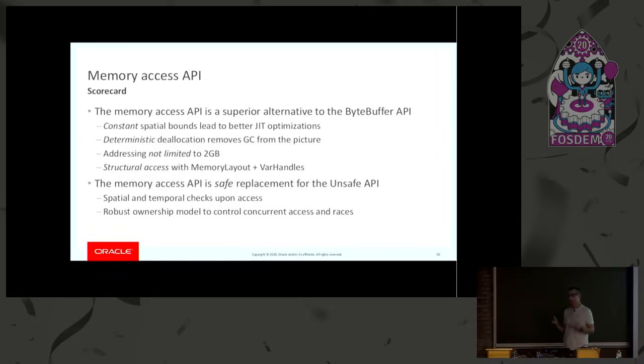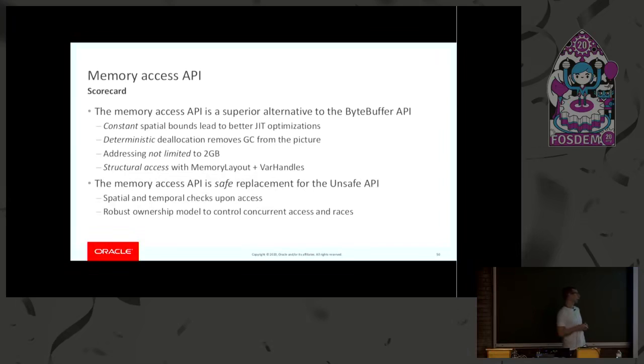The addressing scheme is not limited to 2 gigabytes, which also makes a difference if you are using persistent memories or things like that. And there is the availability for doing structural access with the variables, memory layouts. So I think it's a very compelling alternative to ByteBuffer if what you want to do is off-heap.